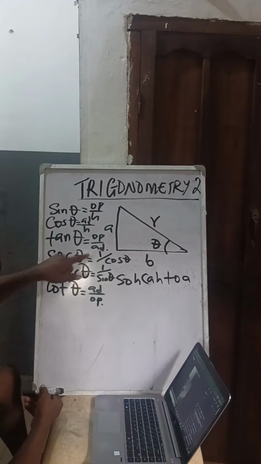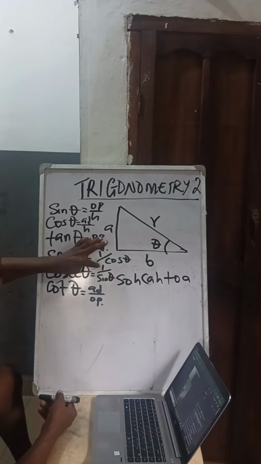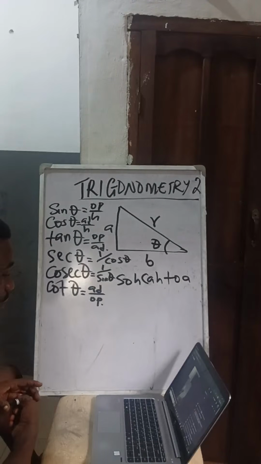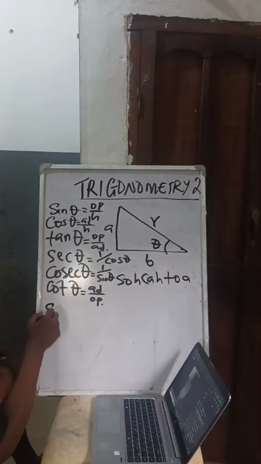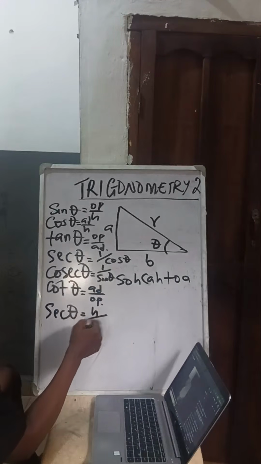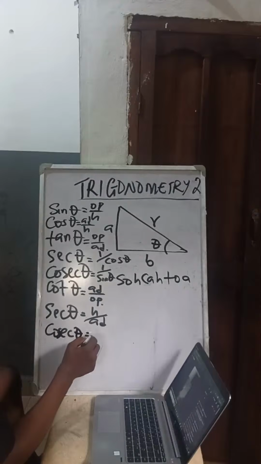So sec theta means 1 over cos theta, that means hypotenuse over adjacent. The 1 over sine theta, that means hypotenuse over opposite. See it here. Sec theta means hypotenuse over adjacent. Cosec theta means hypotenuse all over opposite.